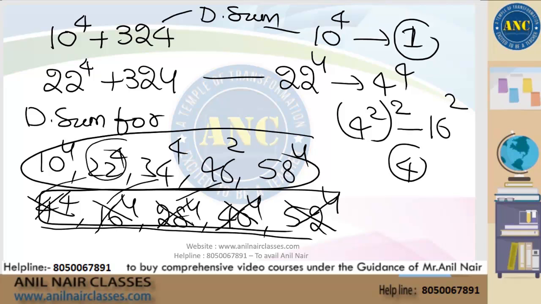Another important concept which I discussed in the new slide. 4 and 22 is eliminated. See here, 3 power 4, 12 power 4, 21 power 4. All the digital sums are the same, right? 1 plus 2 is 3, 2 plus 1 is 3.